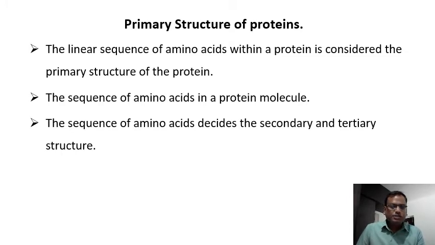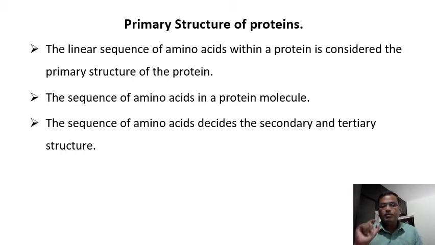Now, understanding protein structure is very important because proteins are involved in almost all biochemical reactions of the body, and the functioning of the protein is associated with its structure. Now, this is what you have to remember.